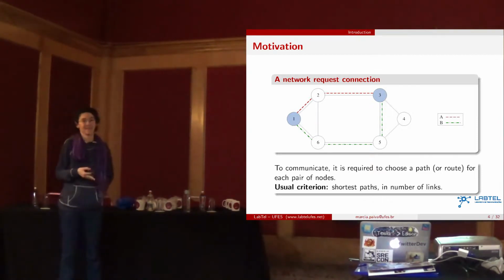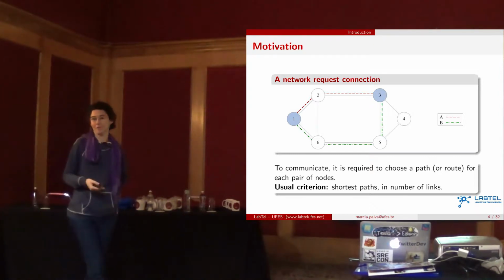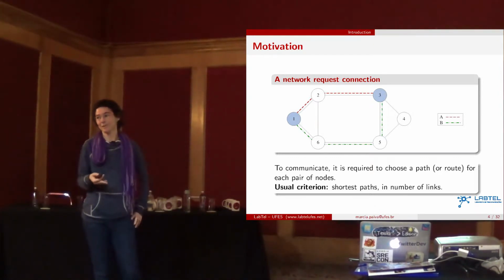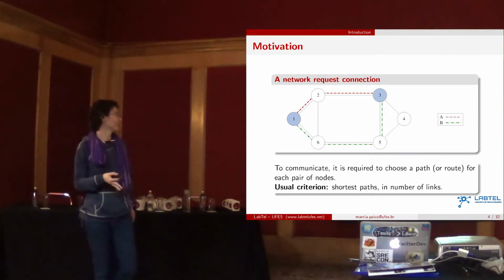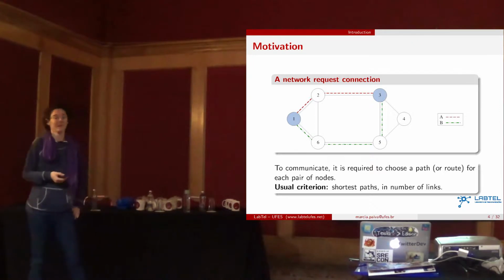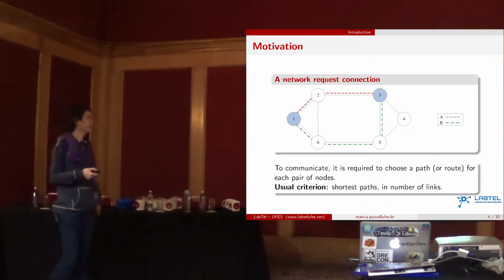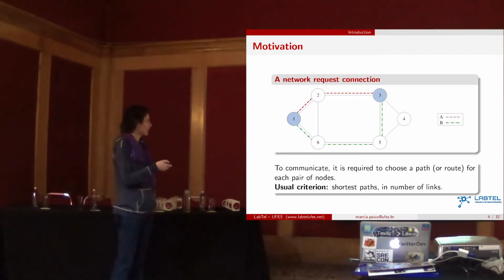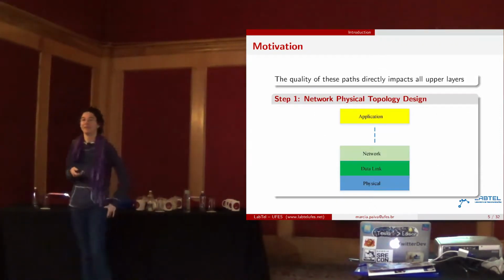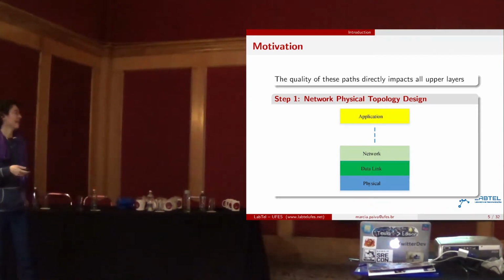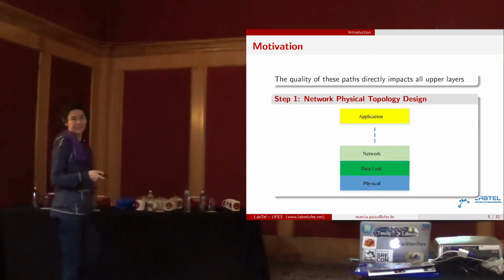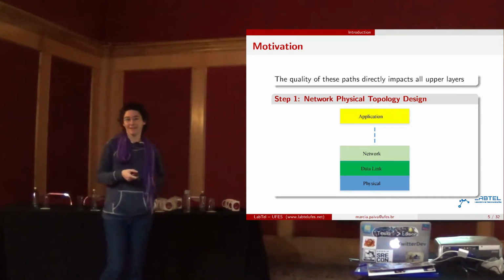But it's not always the case. Sometimes we have weight functions, then we can choose the shortest path according to these weights. But in our analysis here, we assume that the number of links is the cost of the path, so we just have to count the number of links. The problem is that the quality of these paths impacts directly all the upper layers in the network.